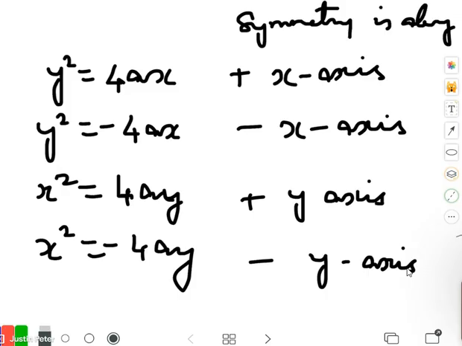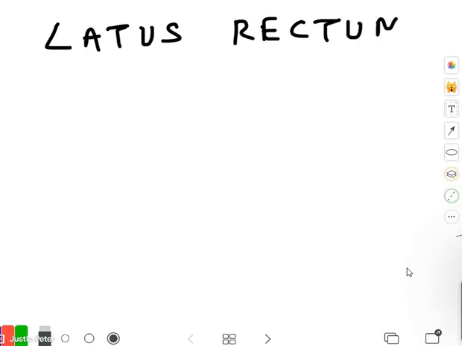Finished writing it? Symmetry along, it is along which axis?